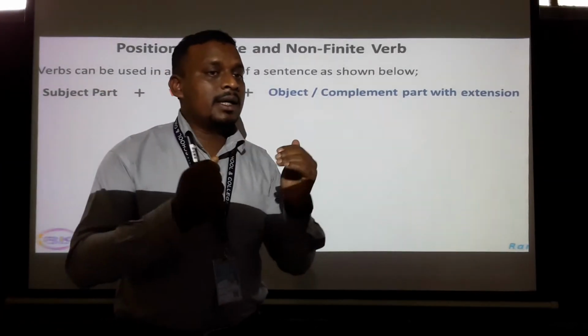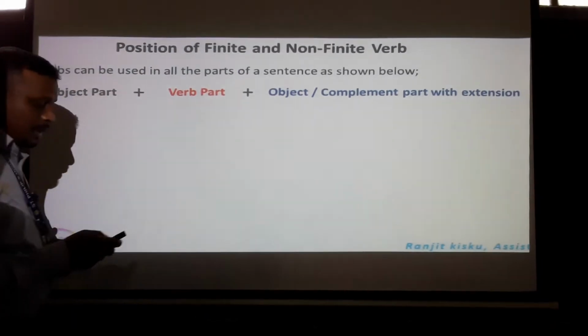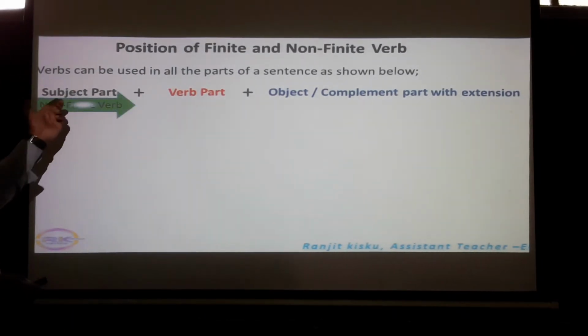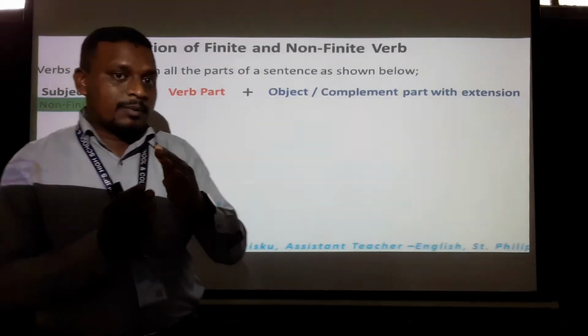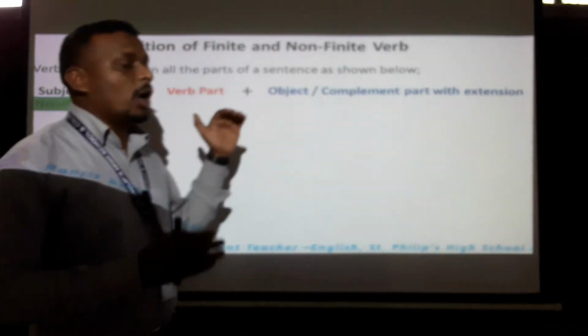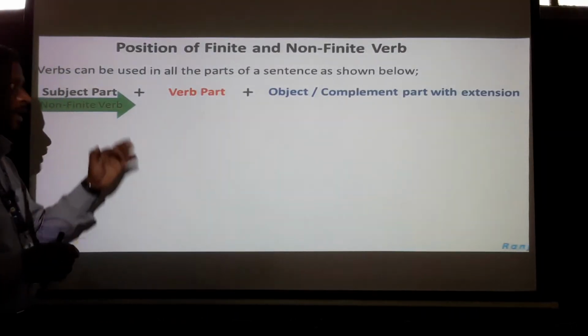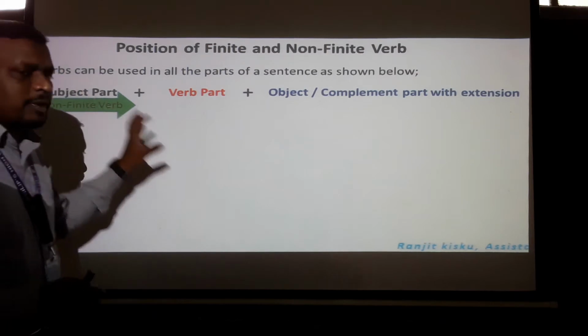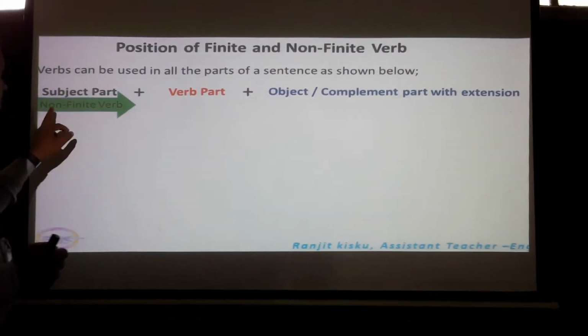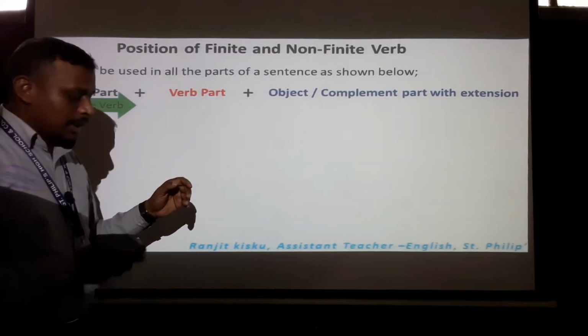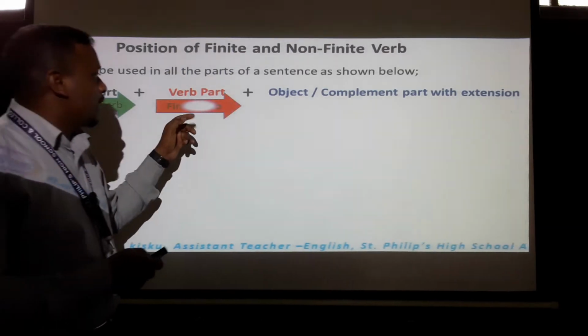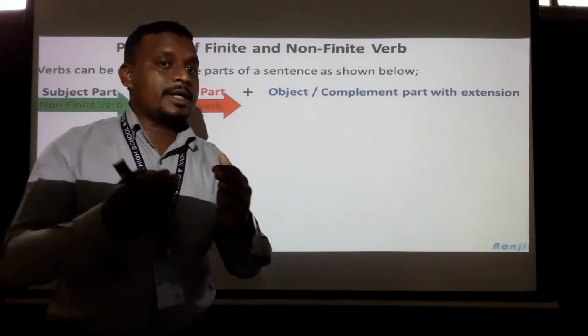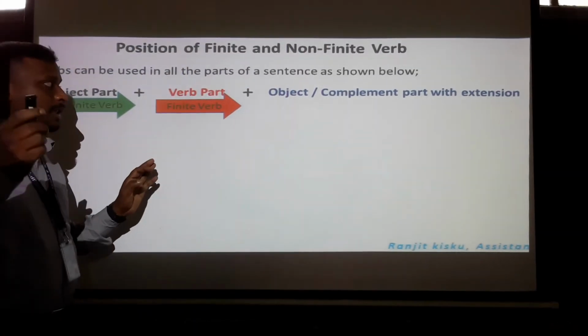Everywhere we can get verbs. First, in the subject word, we generally find the non-finite verbs. You must remember that. Then in the verb word, we always get the finite verbs. Got it? Must remember.